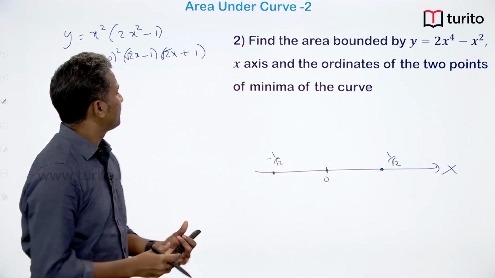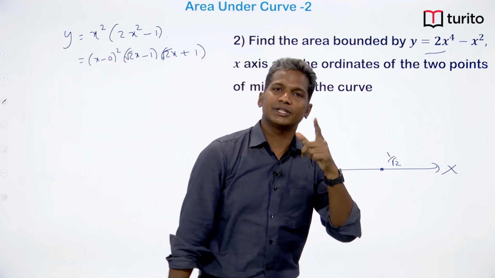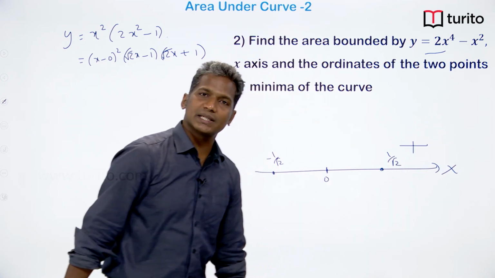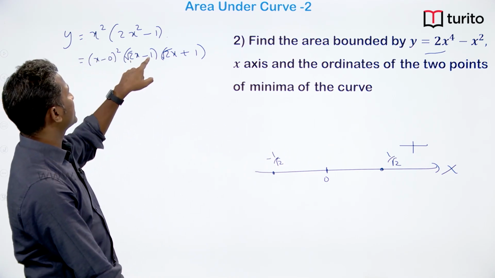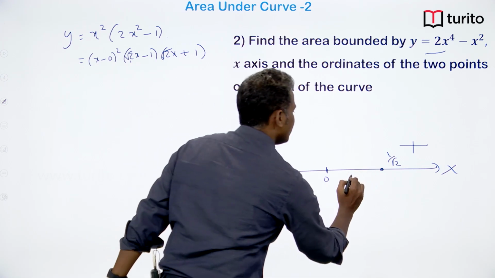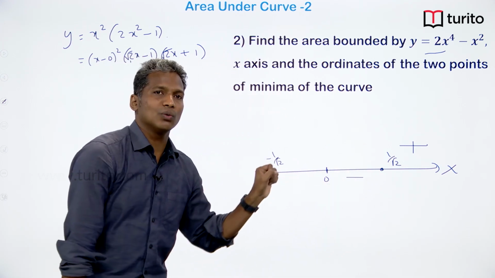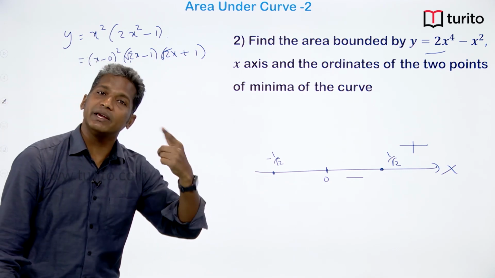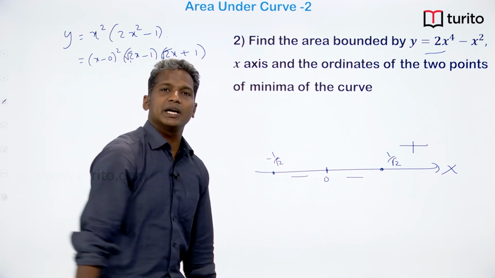Now, signs. The coefficient of the highest power is positive, so the rightmost is going to be a plus sign, and for root 2x minus 1, the power is odd, so sign change will occur. For the factor x minus 0, the power is even, so there is no sign change beside 0.